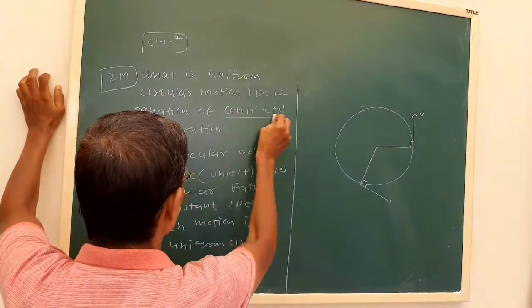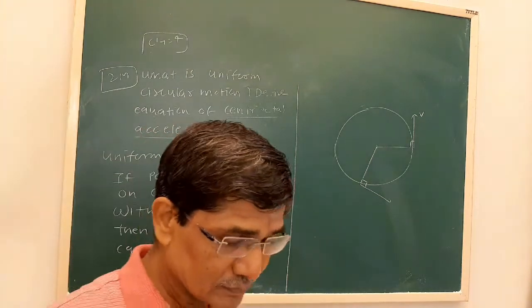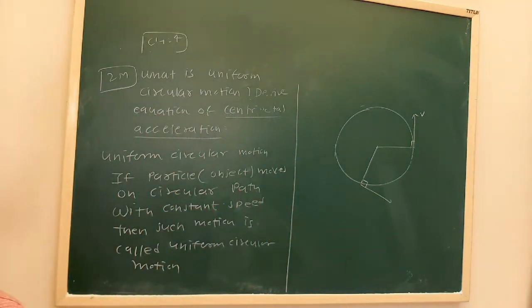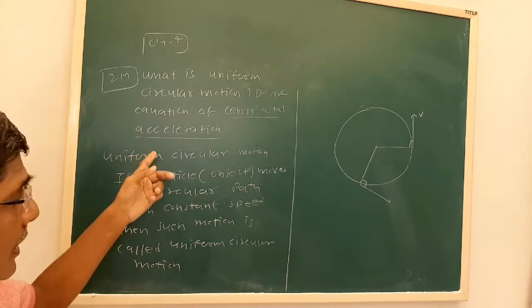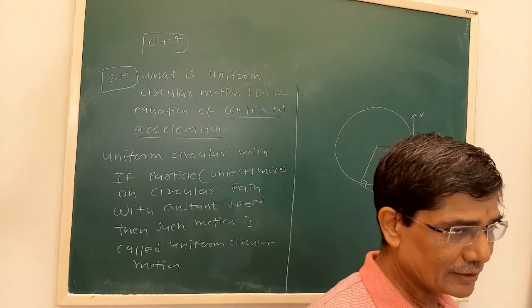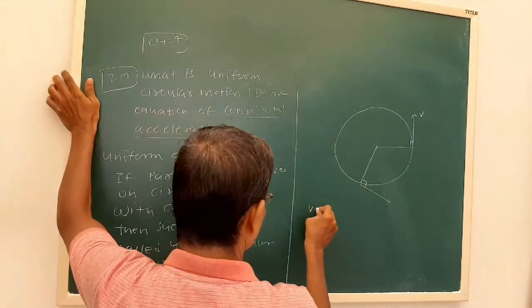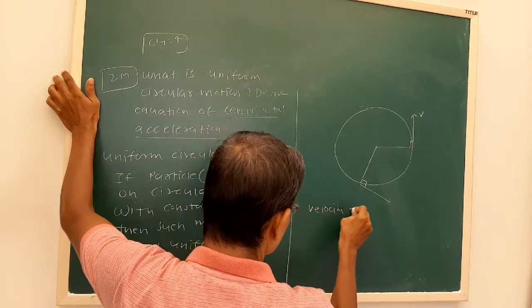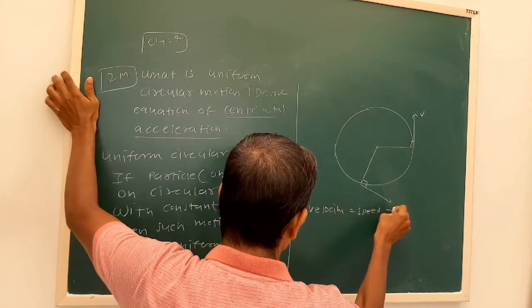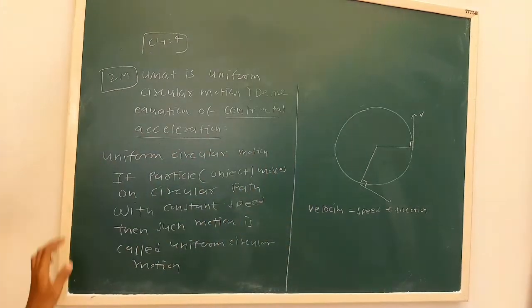And on the other side, we ask for the acceleration. How is this possible? If it is a constant speed, how is it accelerated motion? See here, the thing is very interesting. Now we studied velocity: speed plus direction.